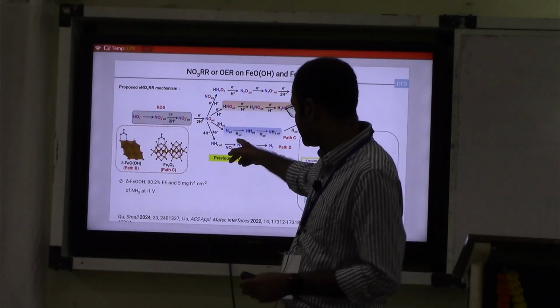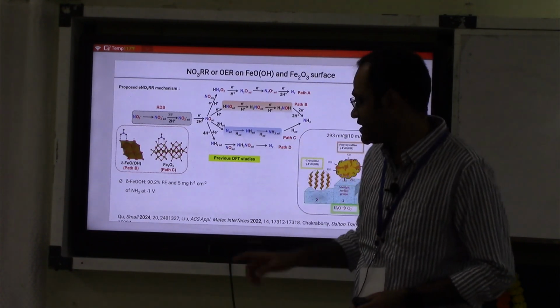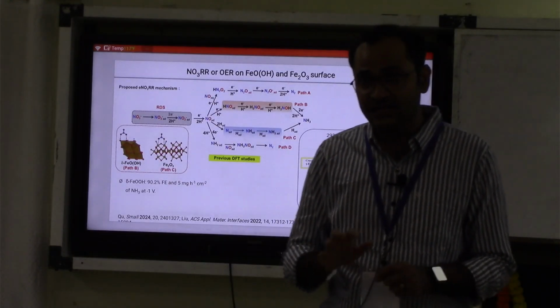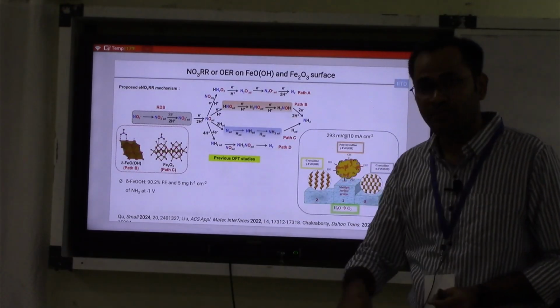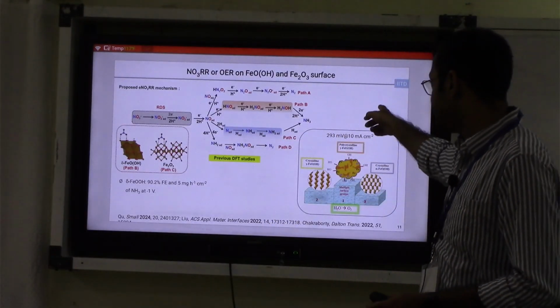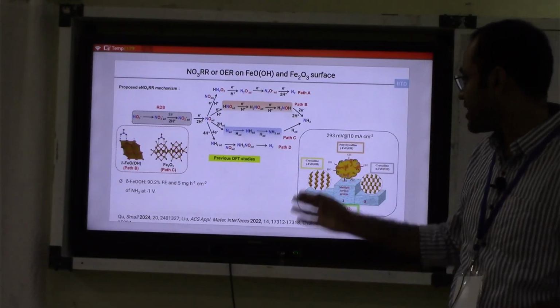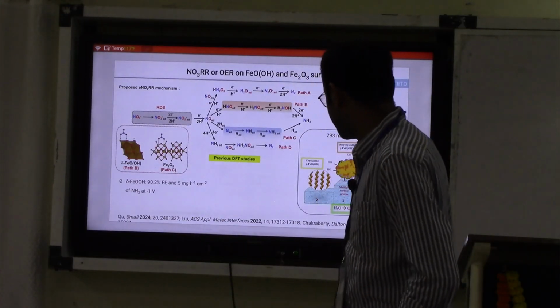The delta form is one of the active forms of iron oxyhydroxide, and it can nicely bind nitrate on the surface, but nothing is known till now about how this delta form of FeOOH converts nitrate to ammonia, because it is quite unknown how it gets converted on the surface of delta FeOOH.